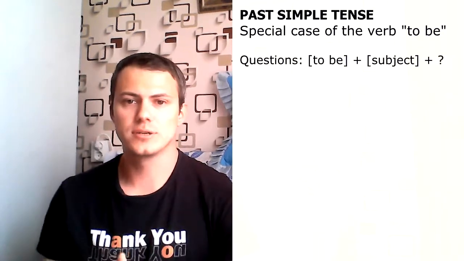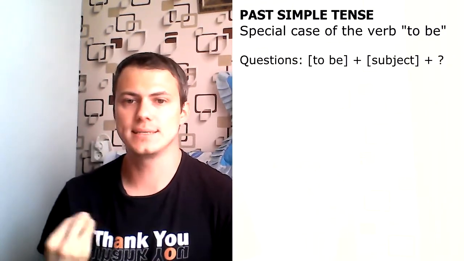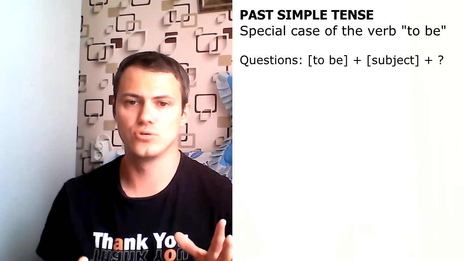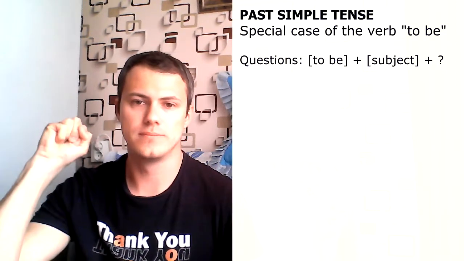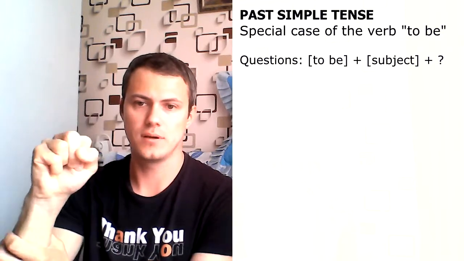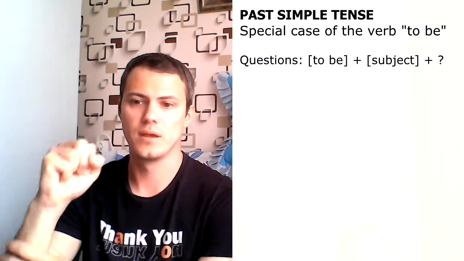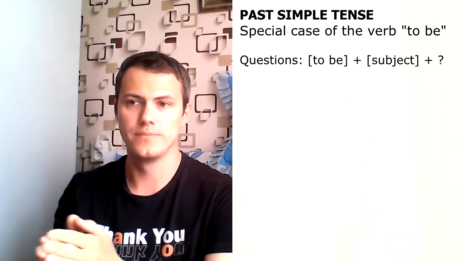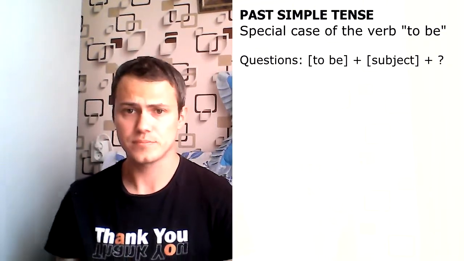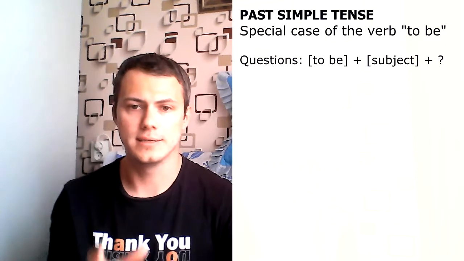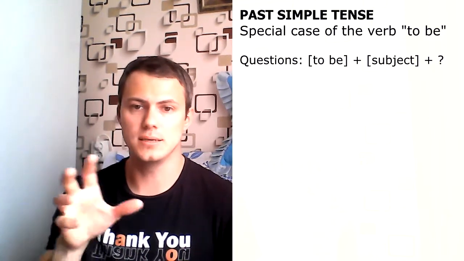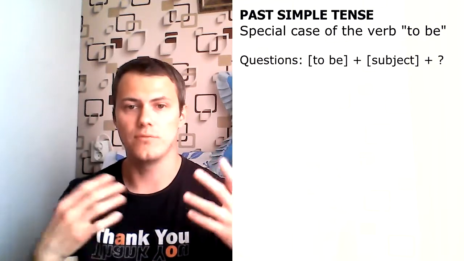Regarding questions using the past simple tense, we just have to take our to be verb in the past simple tense, was or were. It depends on the subject of the sentence, as I said before, and place it at the beginning of the sentence. And this is it.